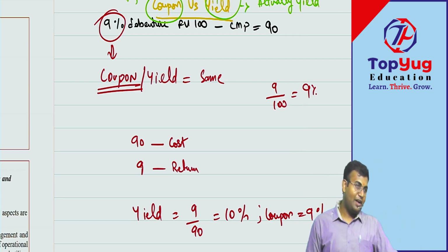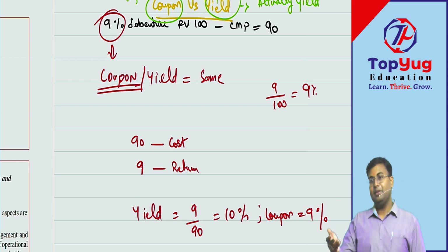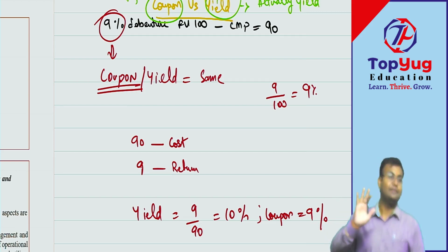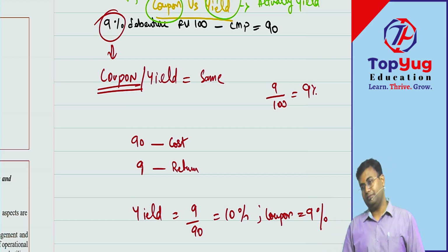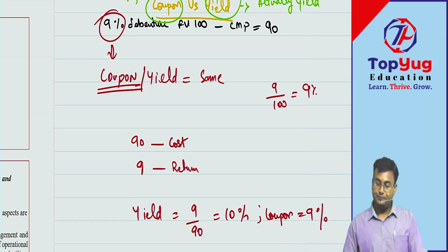There is an old saying in Hindi, you will reap what you sow. So what you reap, that is your yield. That's why yield is a very synonymous word. What you actually get is called yield, right?